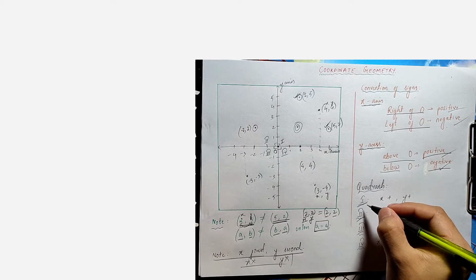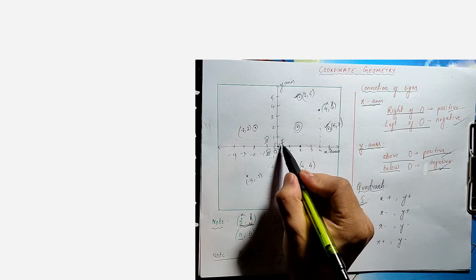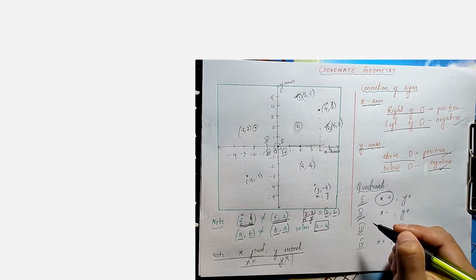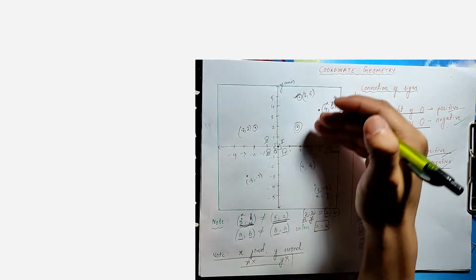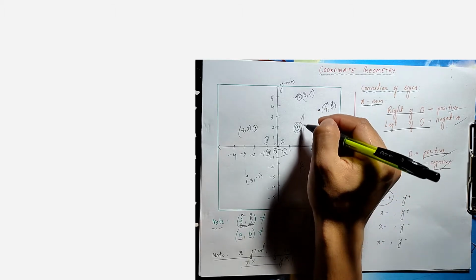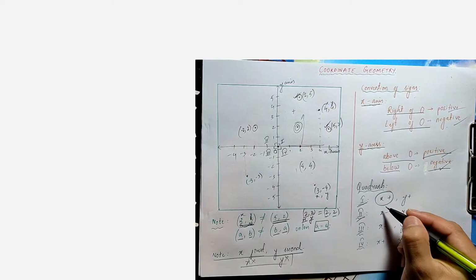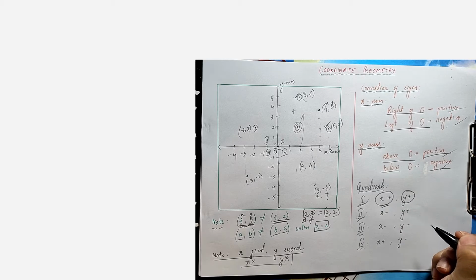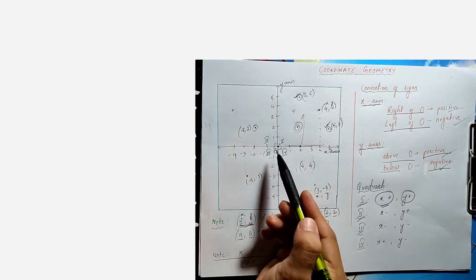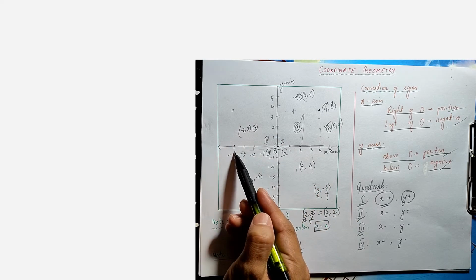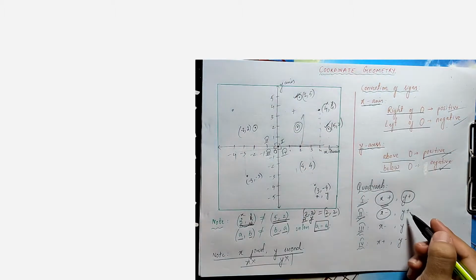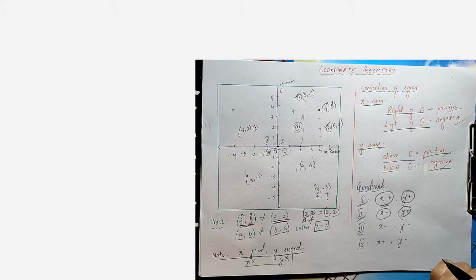In quadrant 1, x will be on this side, so x will definitely be positive. And to stay in quadrant 1, you have to move up, you can't move down, right? So if you move up, again it is positive, so x is positive and y is also positive. Whereas in the second quadrant, for this point, you have to move towards this side for the x-axis, so x will definitely be negative, and again you have to move up, so y will be positive.